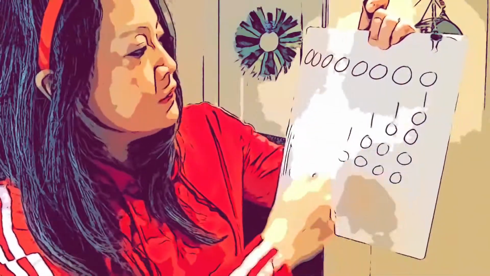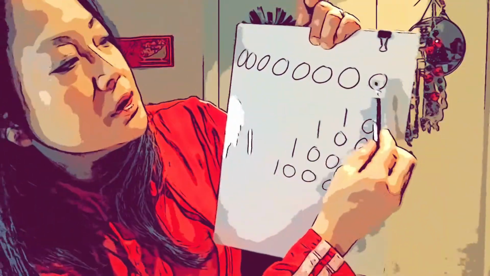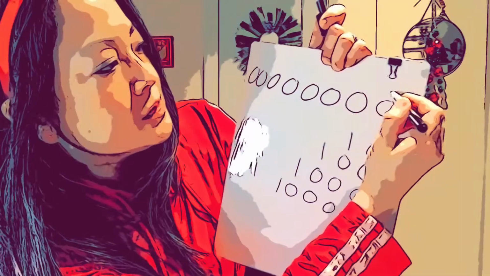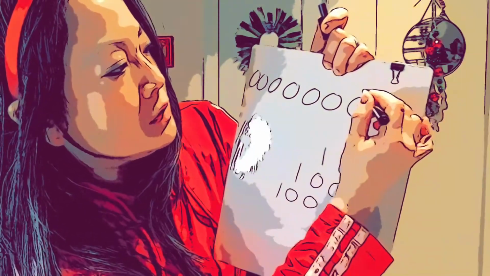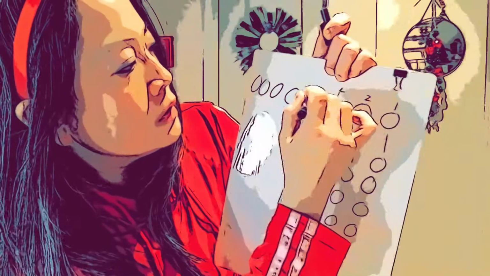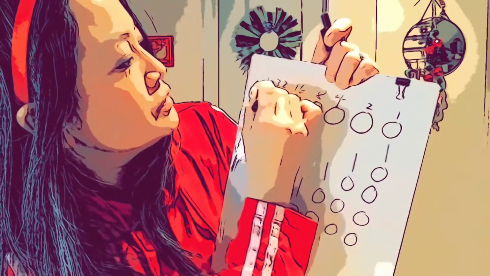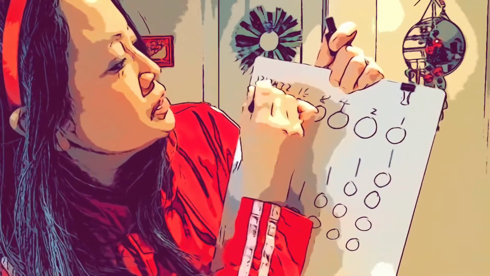So if you think of it this way, these are like place values, kind of like how this is the space for 1, 2, 4, 8, 16, 32, 64, and 128, okay?